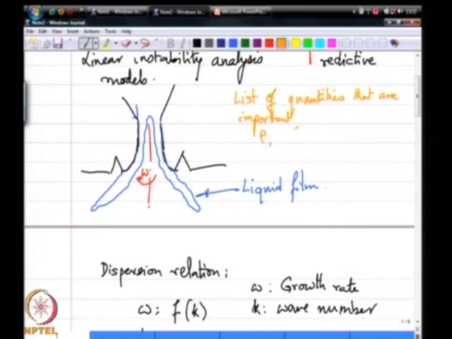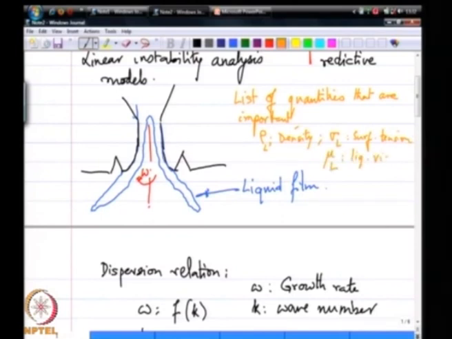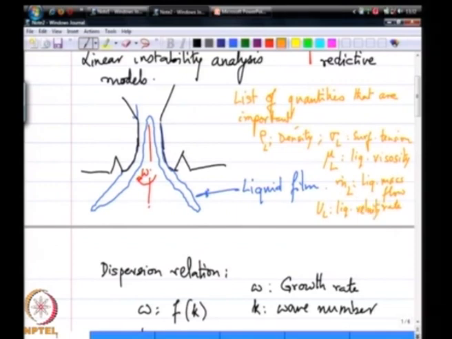You start to see rho, the density of the liquid, sigma L, which is surface tension, mu L, which is liquid viscosity, m dot L, which is liquid mass flow rate, UL, which is like a liquid characteristic velocity, and let us say D0, the exit orifice diameter.